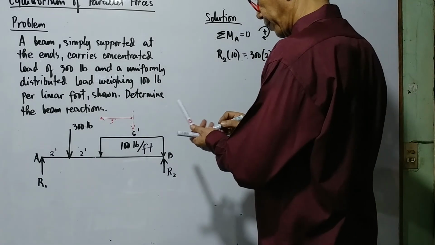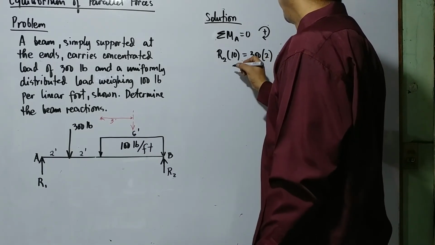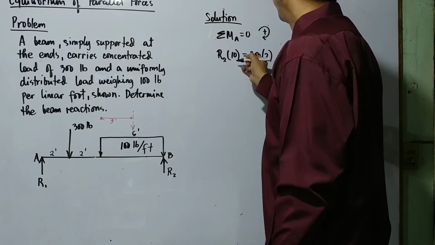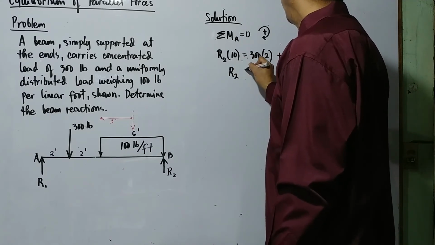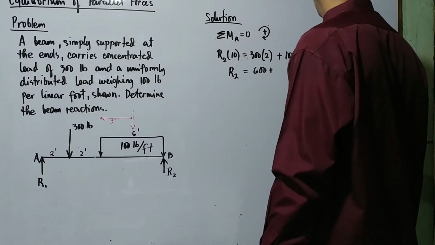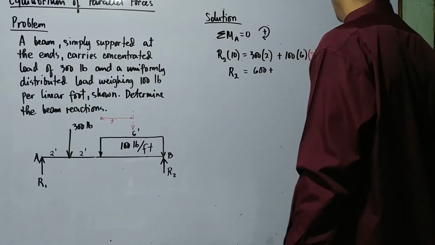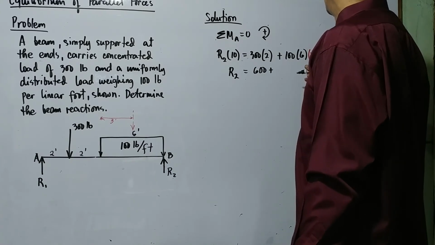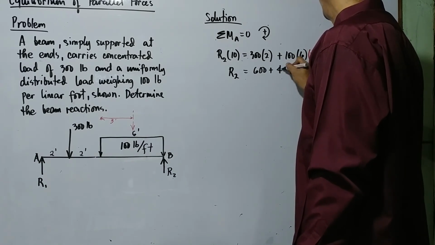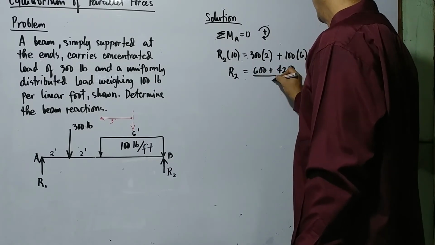So R2 now equals 600 plus 4,200 over 10.